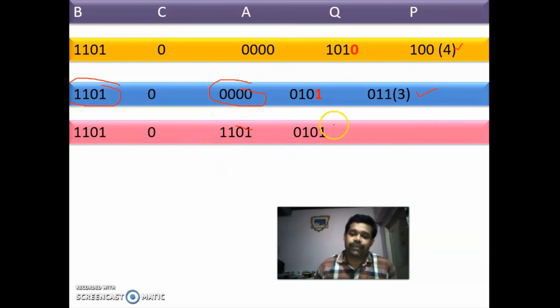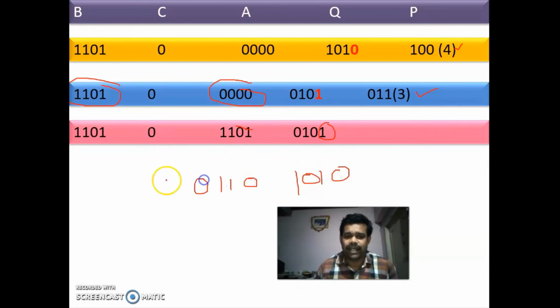After that you have to shift it by one bit. So this 1 will go out, and you will get 0 1 0. This 1 will come here, you will have 0 1 1, and this 0 will come here.